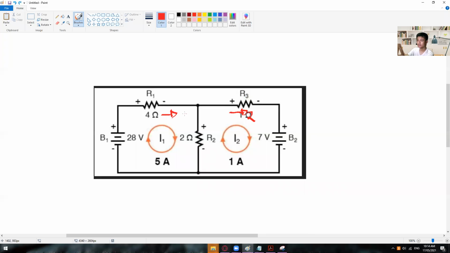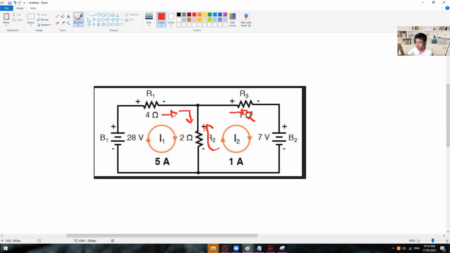As you guys can see right here, we have a current that is flowing right here, and then we have another current that is flowing right here. So they are basically clashing with each other. It's like having a collision. So of course, whichever one is bigger, that is the one that is going to win. We have 5 amps for the I1, and then we only have 1 amp for the I2.